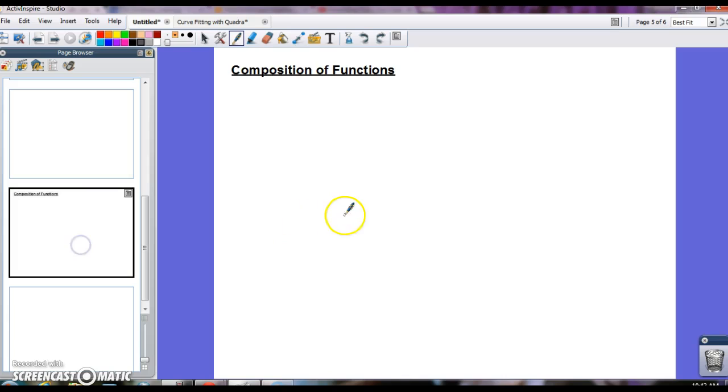Let's talk about composition of functions. This is something that should also be familiar to you. You have done it before, but we'll do a quick review. I'll use the same two functions that I was just using.